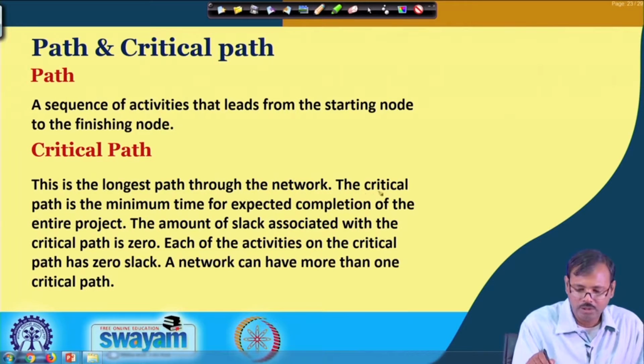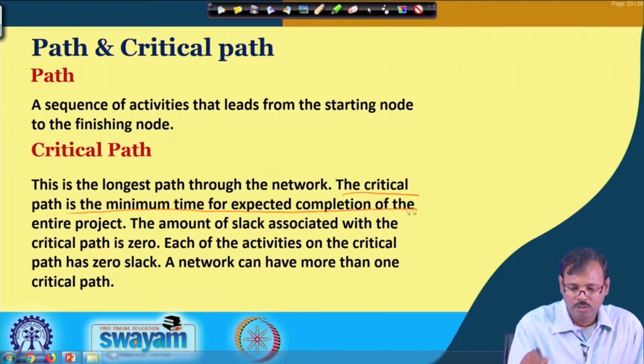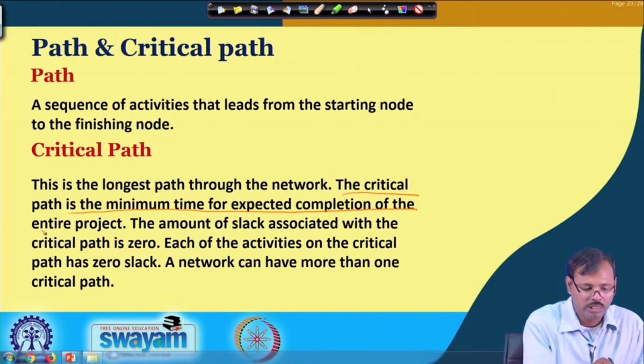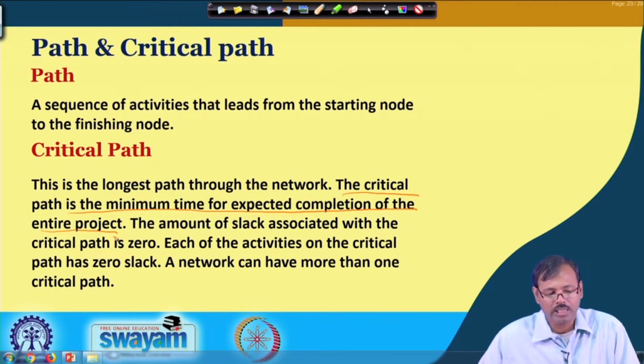Critical path is the longest path which basically gives us the minimum time for the completion of the complete work. As it is the longest path, all the other paths will be completed before the completion of this path.